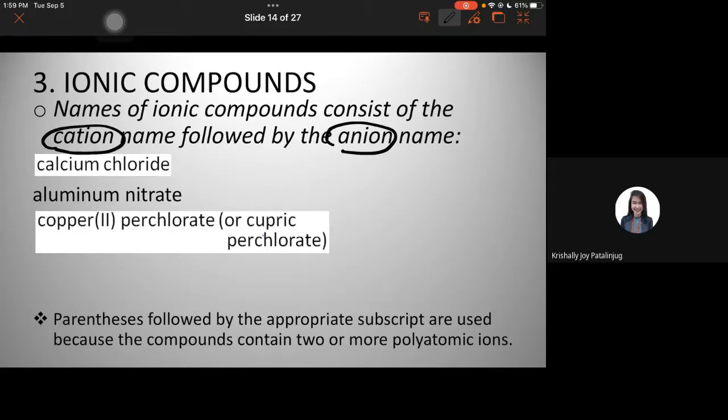So try to observe all the names provided. Calcium, aluminum, and copper. These are all metals, right? These are cations. Whereas the remaining are anions. So chloride, nitrate, perchlorate, these are anions.